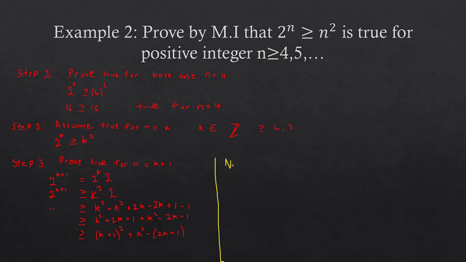And if we notice that from our assumption we have 2^k is greater than or equal to k squared. So now if that is true, then 2^k is greater than k squared minus 2k minus 1.